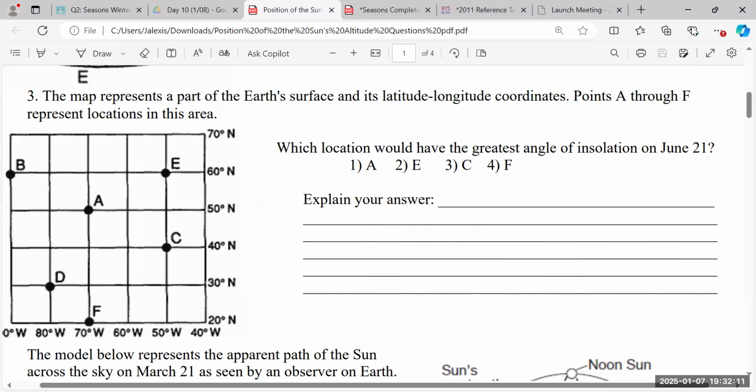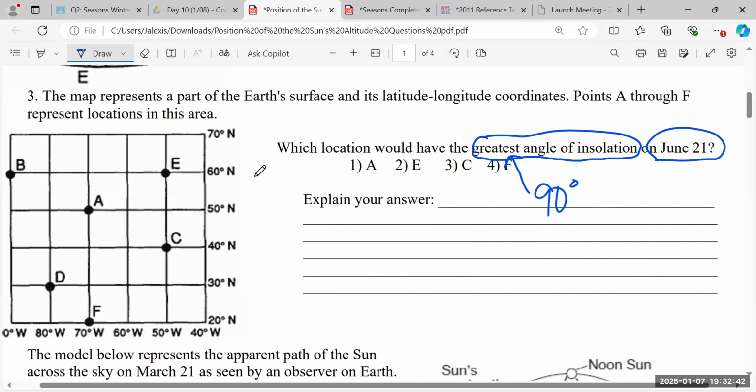All right, number 3. The map represents a part of the Earth's surface and its latitude, longitude coordinates. Points A through F represent locations in this area. Which location would have the greatest angle of insolation on June 21st? Well, we have to ask ourselves, what is the highest angle of insolation that we can have? The highest angle is 90 degrees.